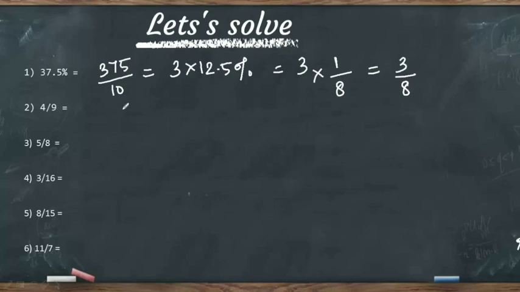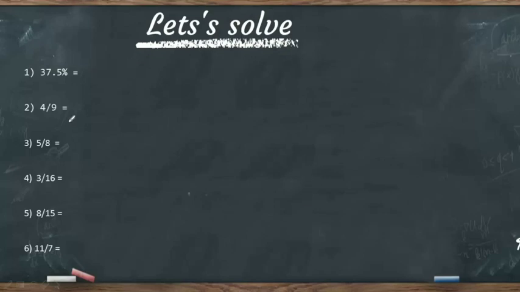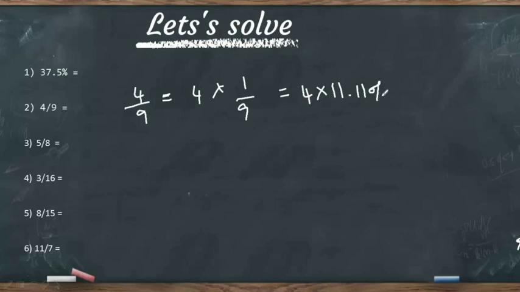Yes, next question, 4 by 9. We can actually split the 4 by 9 as 4 into 1 by 9. We do know that 1 by 9 is nothing but 11.11 percentage. So it will be 4 times of 11.11 percentage, or 44.44 percentage.